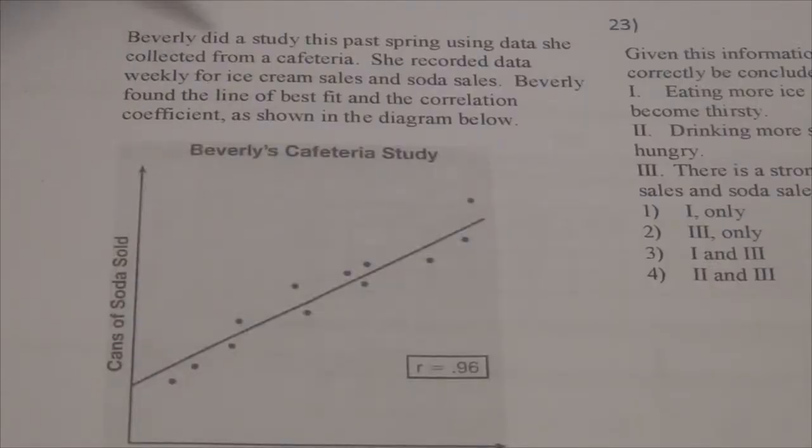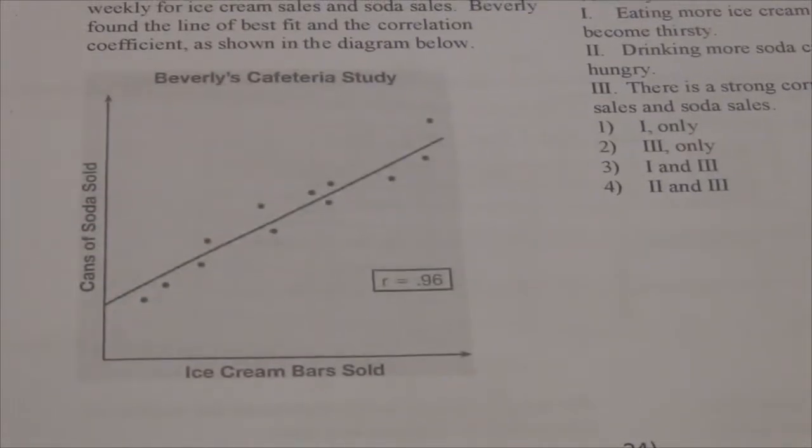Okay, Beverly did a study this past spring using the data collected from a cafeteria. She recorded data weekly for ice cream sales and soda sales. Beverly found the line of best fit and the correlation coefficient as shown in the diagram below. So this is her scatter plot, which we spoke about earlier, with cans of soda and ice cream bars sold.